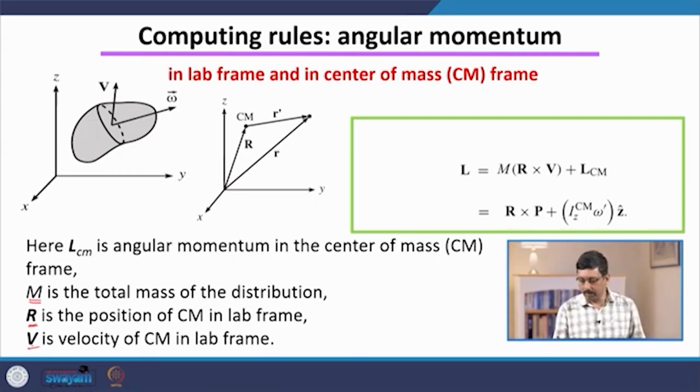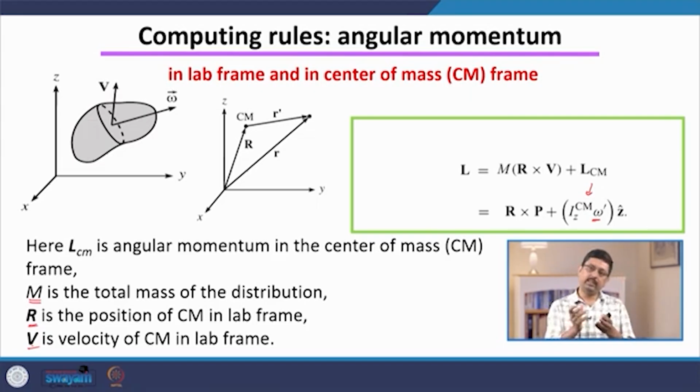And about the center of mass, if omega prime is the angular velocity about the center of mass, then we learn that the angular momentum is I times omega, where I is the moment of inertia.